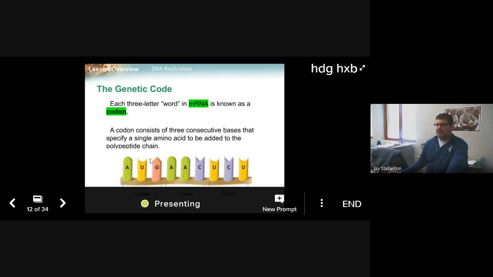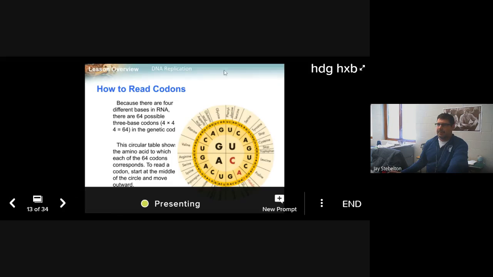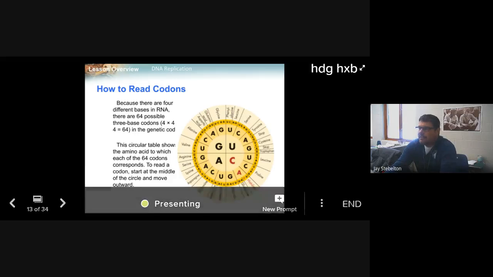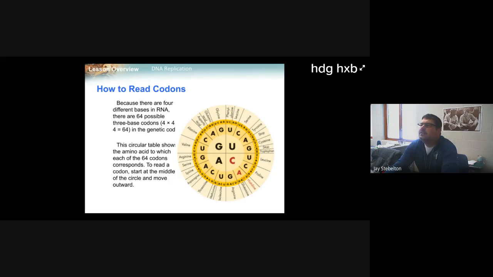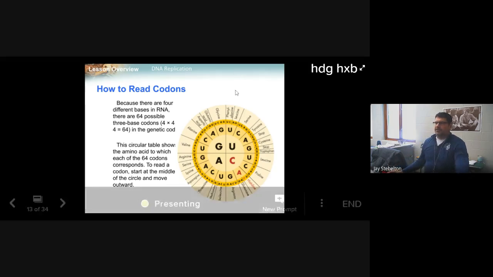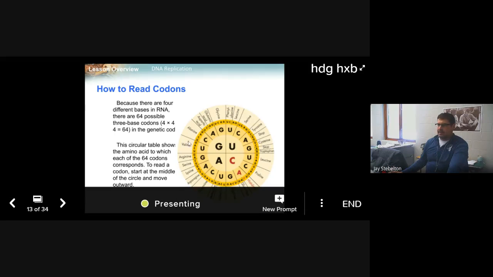So here's how this three-letter code is deciphered from this chart, this wheel. This is how this wheel is read. I'm going to stay up here because when I move my mouse, that presenting thing comes up. Let's just say our three-letter codon was GCC.